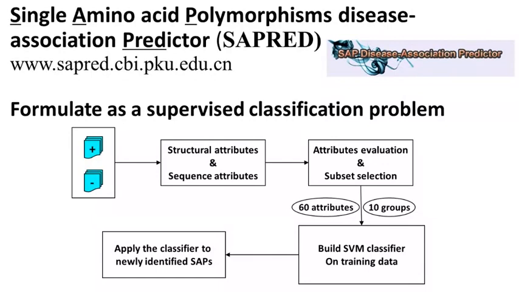Then, we calculated a comprehensive set of structural and sequence features of each variation. We used feature selection methods to select 10 groups of a total of 60 attributes to build a support vector machine classifier. The classifier then can be applied to predict the likelihood of disease association of a new amino acid variation.